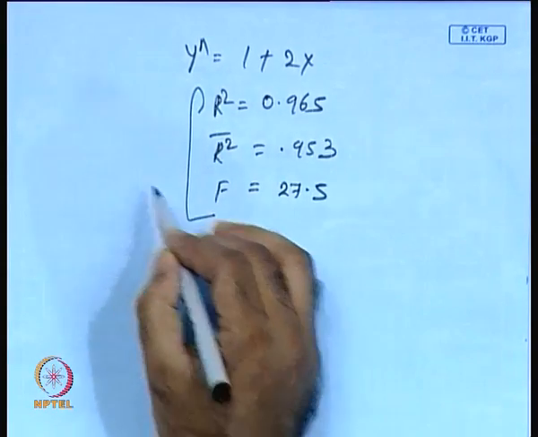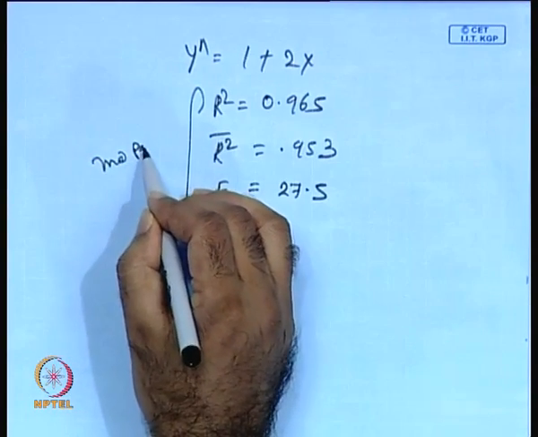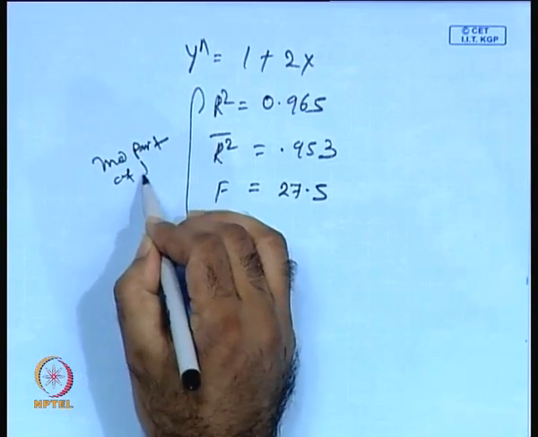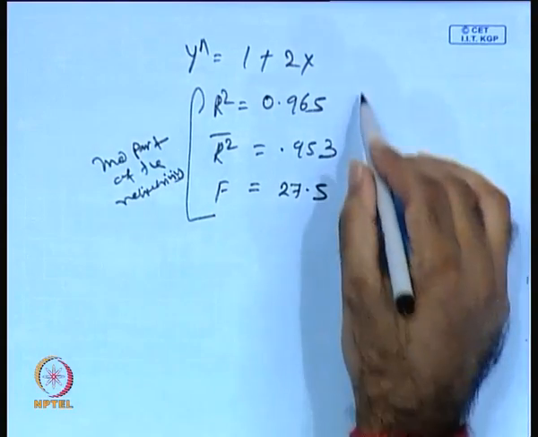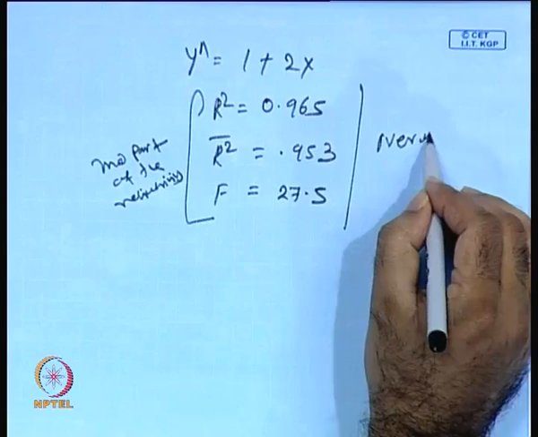So this is the second part of the reliability. That means this is the overall fitness of the test.